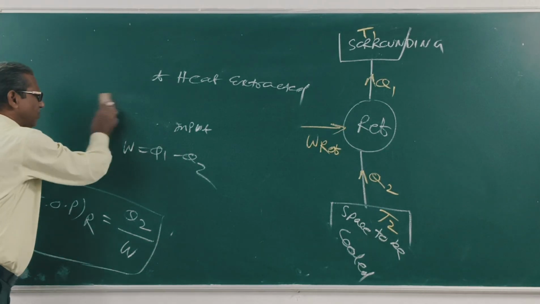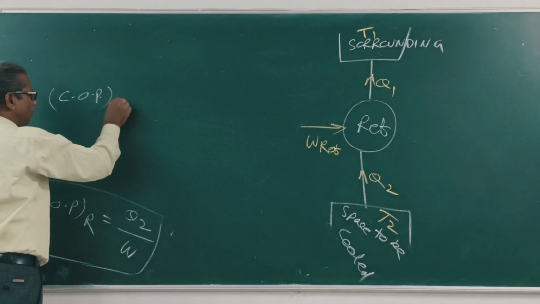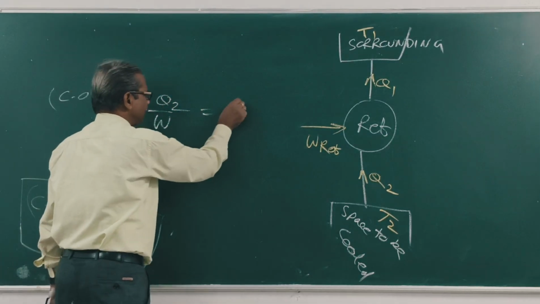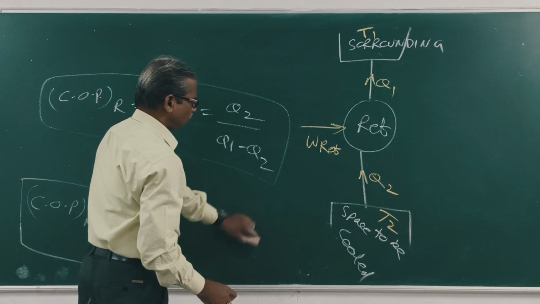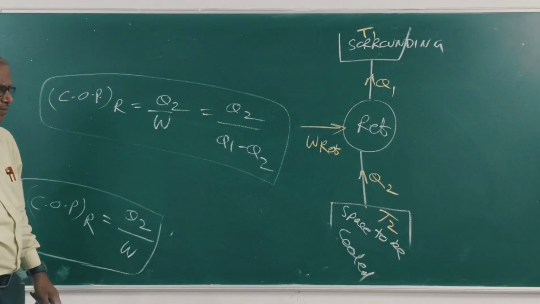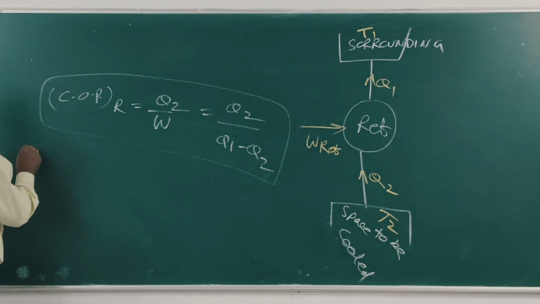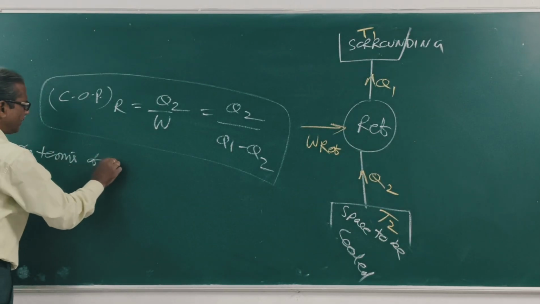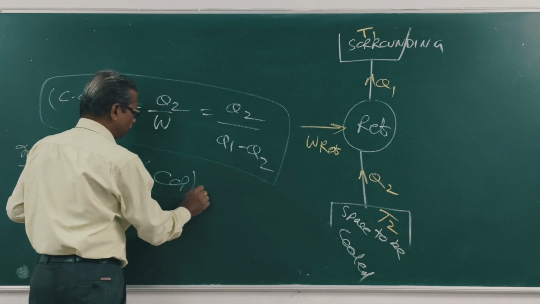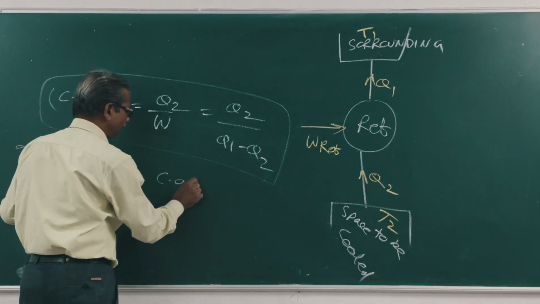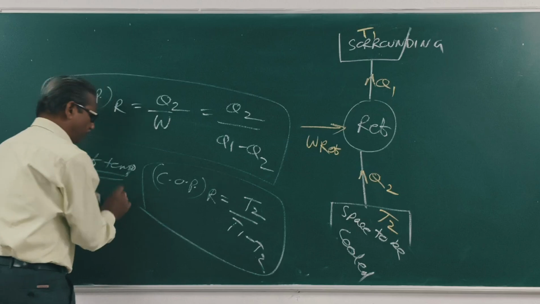Now COP R is equal to Q2 by W, meaning Q2 by Q1 minus Q2. This is COP in terms of heat and work. So in terms of temperature, for a reversible machine, this is for a reversible refrigerator.